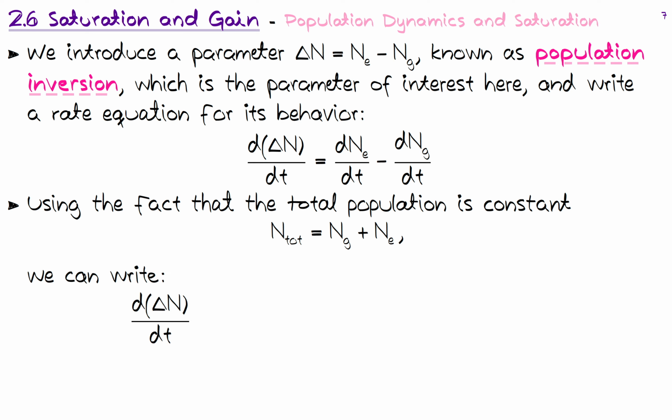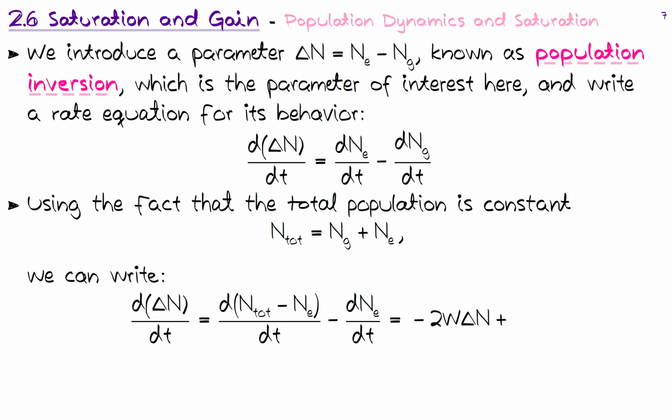Now we can write the time derivative of the population inversion as the time derivative of the difference minus the time derivative of the NE term, and we can then plug in the values of these terms. So this is what we get by plugging the previous equations into this equation.